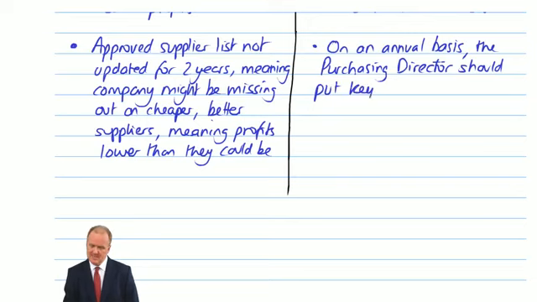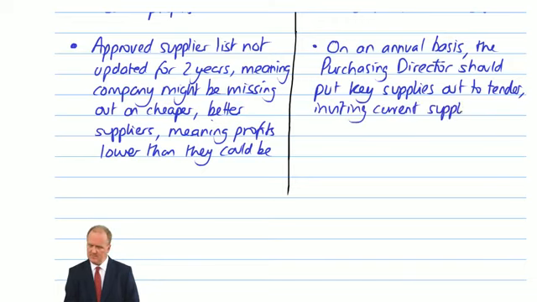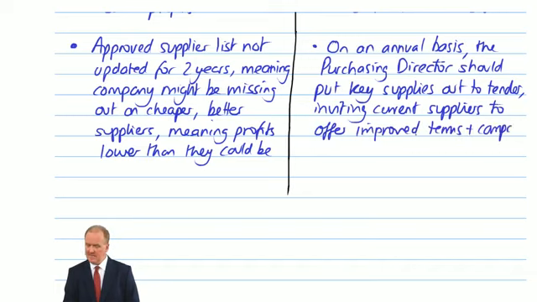Should put key supplies, so the things you buy on a regular basis, out to tender, inviting current suppliers to offer improved terms, which they might or might not, and compare with other available suppliers.